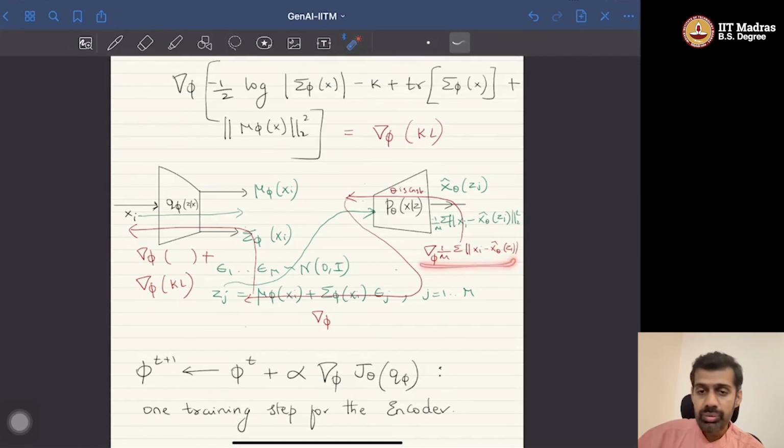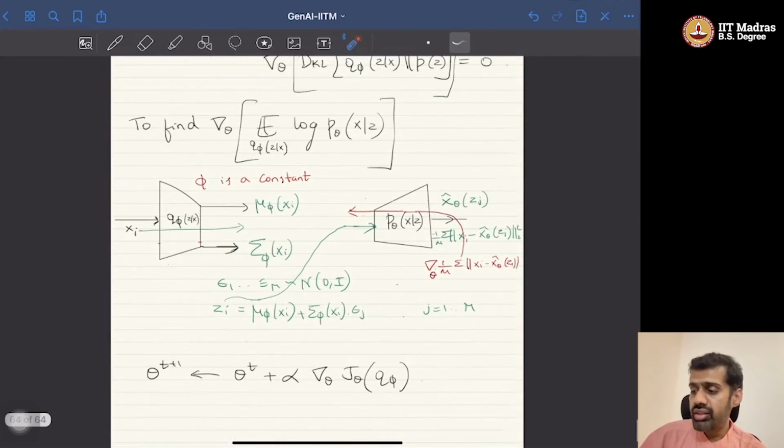Compute the gradients with respect to phi, backpropagate through the decoder by keeping the decoder parameters constant, backpropagate through the reparameterization step, and add the KL gradient, the second term gradient, which is a deterministic gradient. Then backpropagate both terms through the encoder network and update the encoder parameters through gradient descent. That is one training step through the encoder.